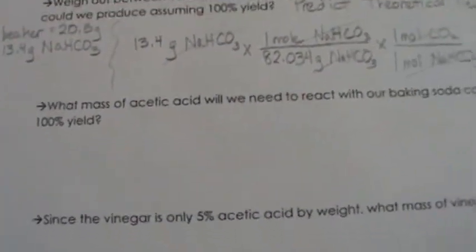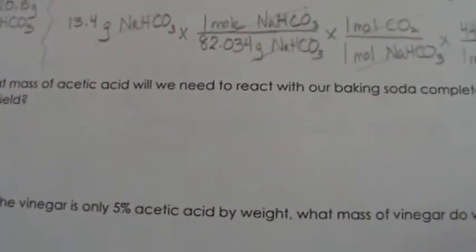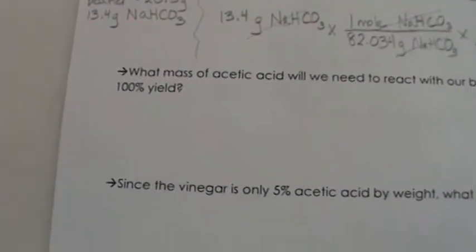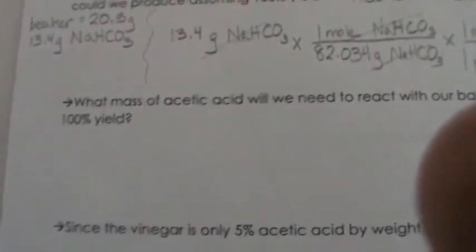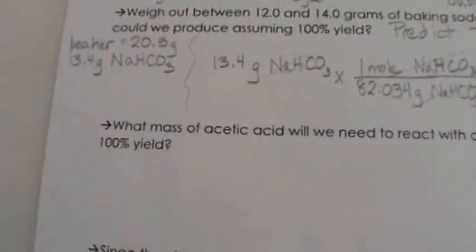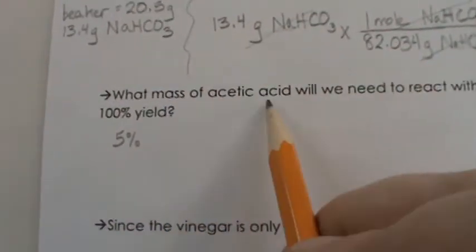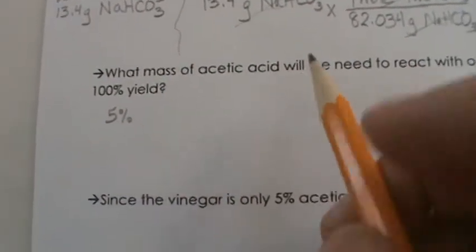Okay, now it says what mass of acetic acid will we need to react with our baking soda completely to get 100% yield? Well, if you read the introduction, you would see that 5% of our vinegar is acetic acid.